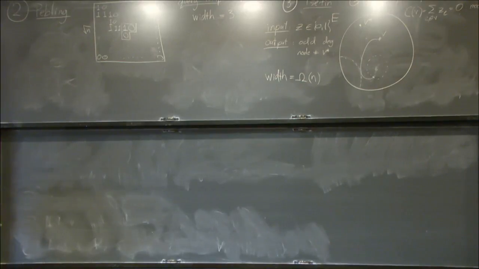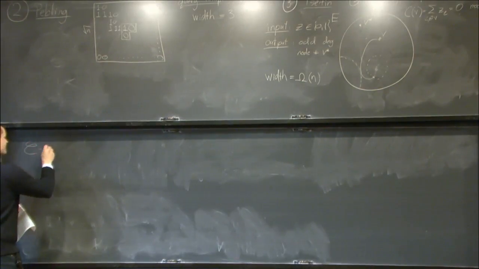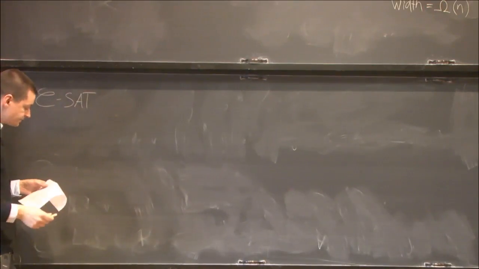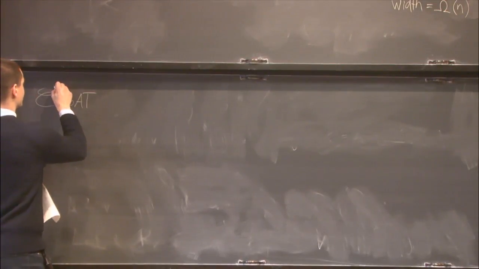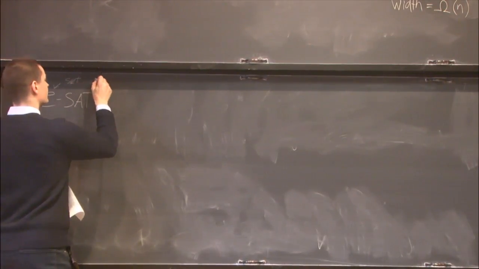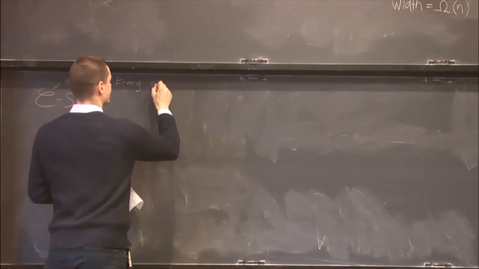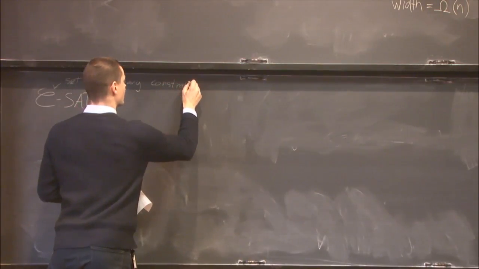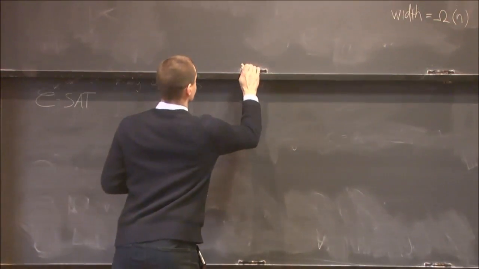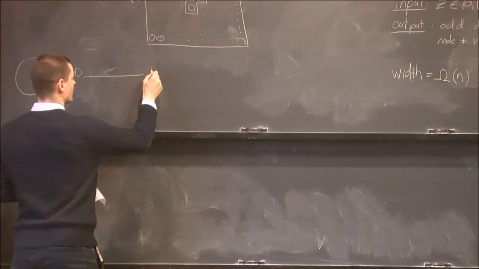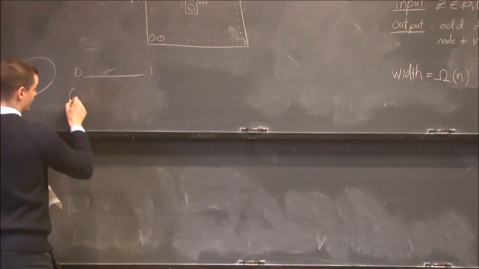So let me be slightly general, and instead of this XOR SAT, I can just define a CSAT function for any set of constraints. So this is a finite set of k-ary constraints. So maybe just to spell out, my first example came from a formula that has the following constraints.